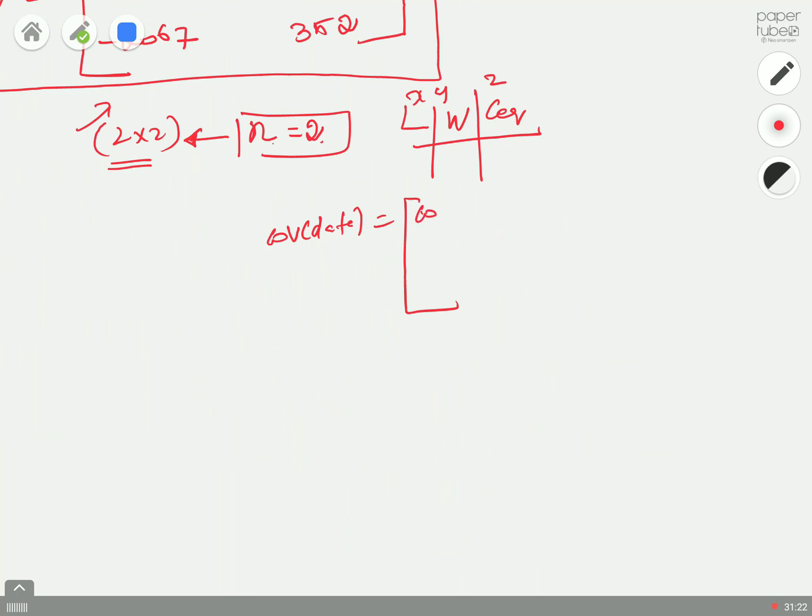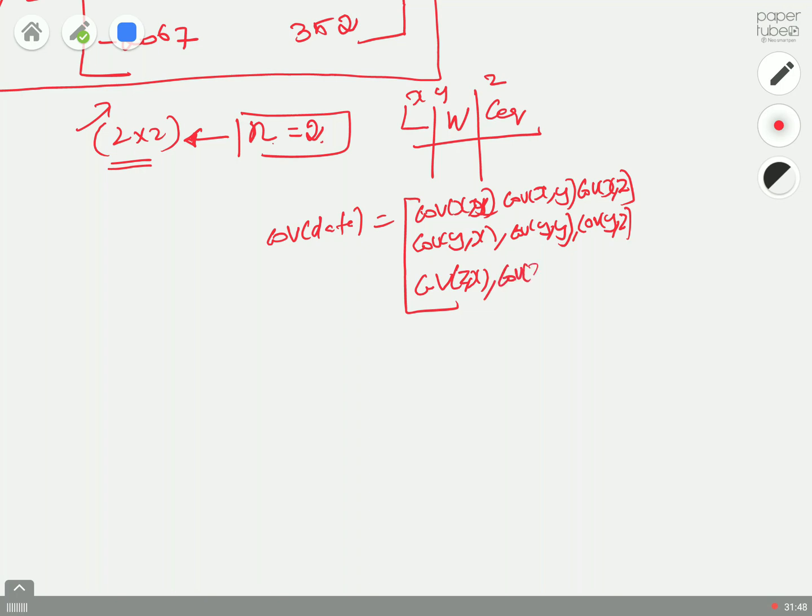The first row is covariance of x comma x, x comma y, x comma z. The second row is covariance of y comma x, y comma y, and y comma z. Finally, the third row is covariance of z comma x, z comma y, and then z comma z. So you will get a 3 by 3. That's how things work.